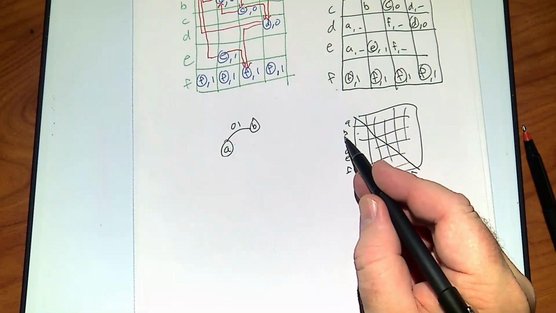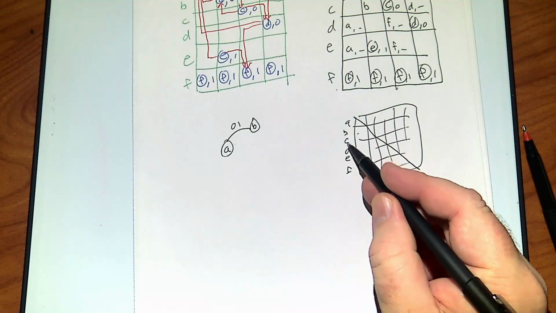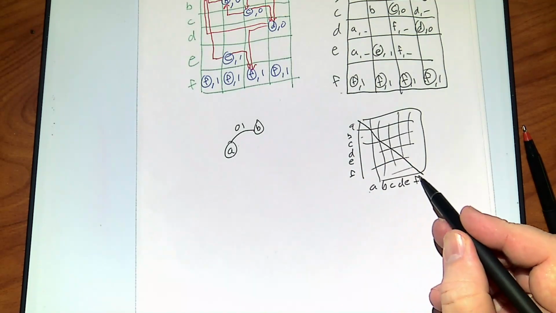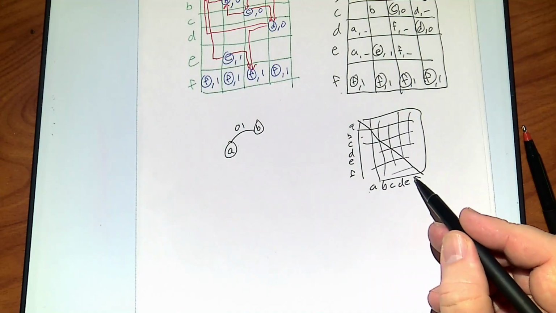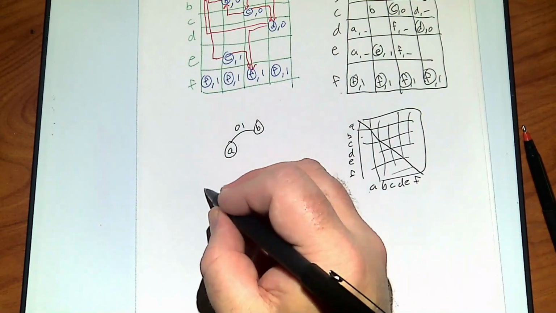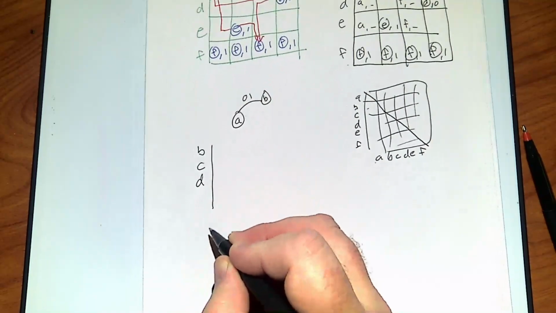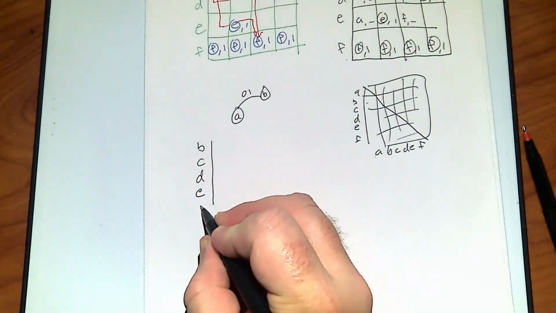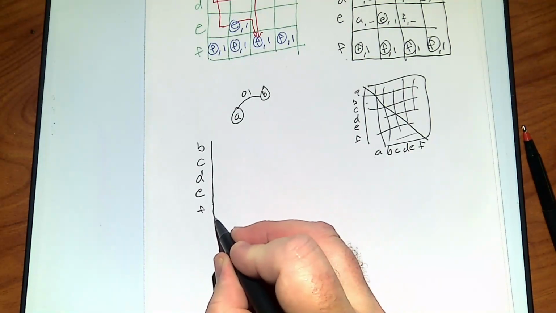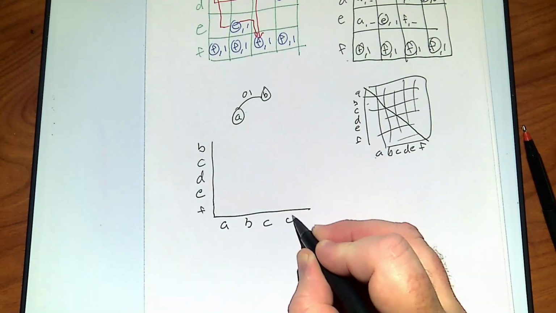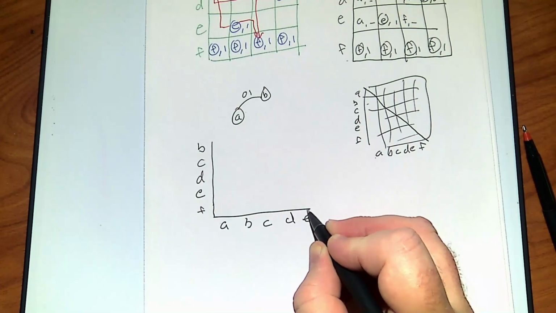So I start with the second state on the rows, and I'm going to start with the first across the columns, but I won't need the very last. So when I'm drawing these, I will have B, C, D, E, F, and then A, B, C, D, E.